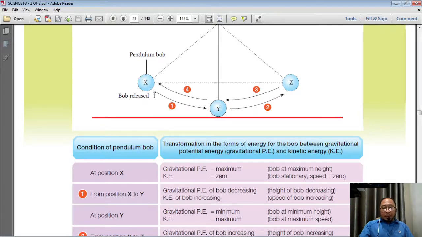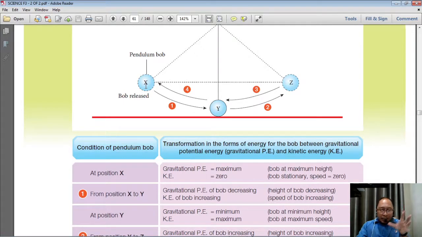So step by step, the gravitational potential energy will be converted to the kinetic energy one by one, slowly, from higher potential energy to low potential energy.